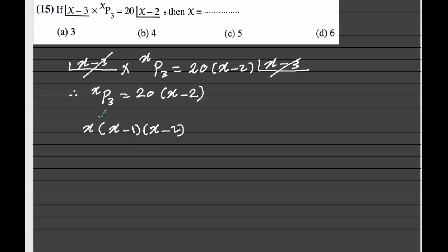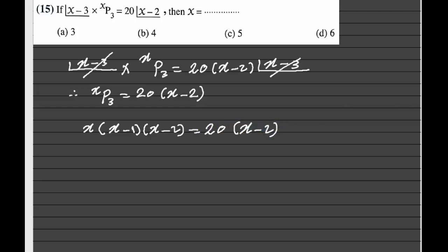We can write x P 3 as the product of 3 consecutive factors. The difference between them always equals 1. So x multiply x minus 1 multiply x minus 2 equals 20 multiply x minus 2.